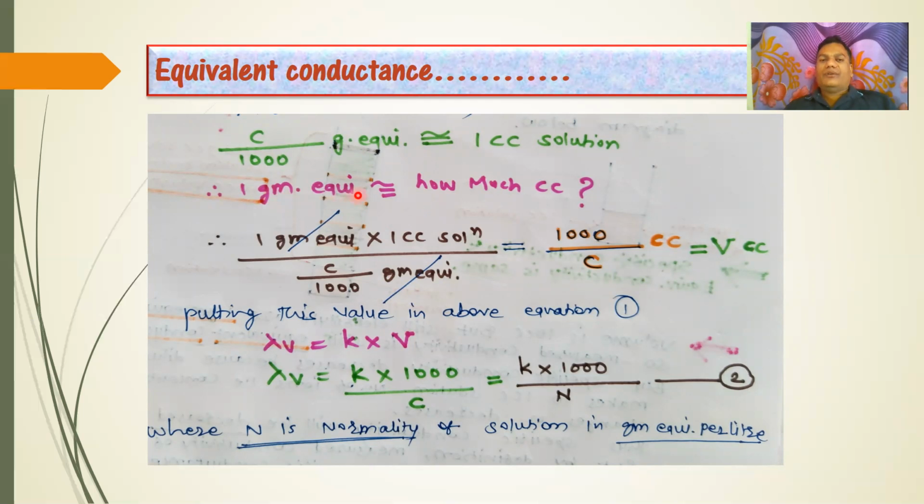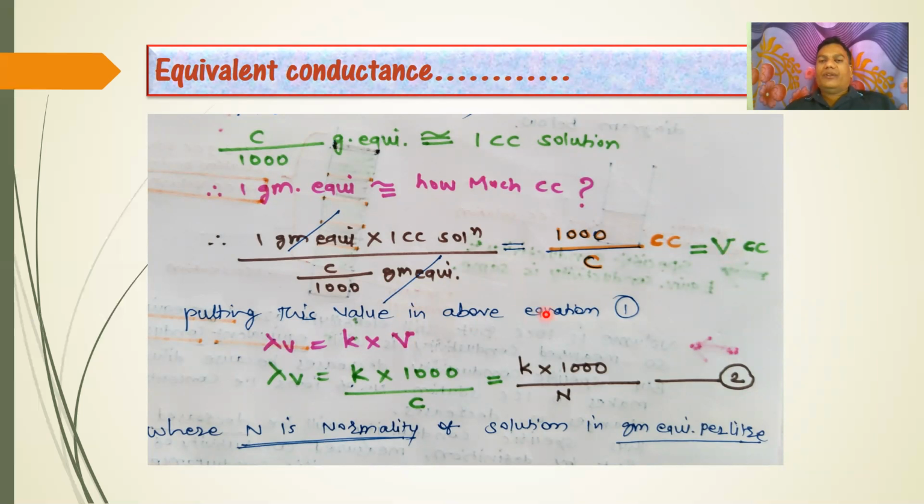So it is 1 gram equivalent into 1 cc solution upon C upon 1000. So gram equivalent gets cancelled, and 1000 will be going to the numerator. So it is 1000 by C, and what is the unit that remains? It is cc. So it is 1000 by C cubic centimeter, that is nothing but V cubic centimeter.